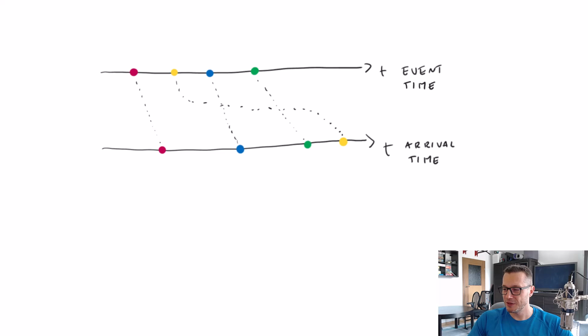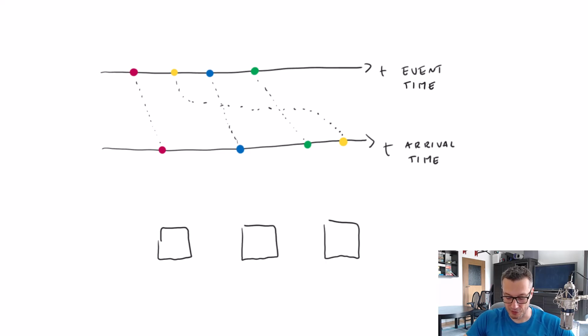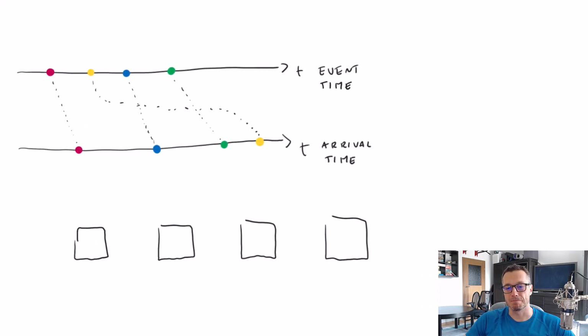Then another issue that you might have is related to clock skews. So let's say that you've got multiple event producers, maybe some IoT devices. So these are those rectangles. And each of them has some internal clock, based on which they send the time, the event time.